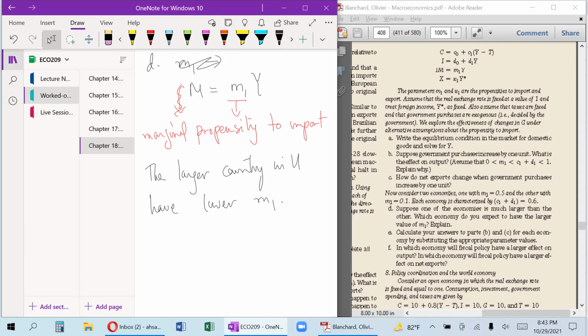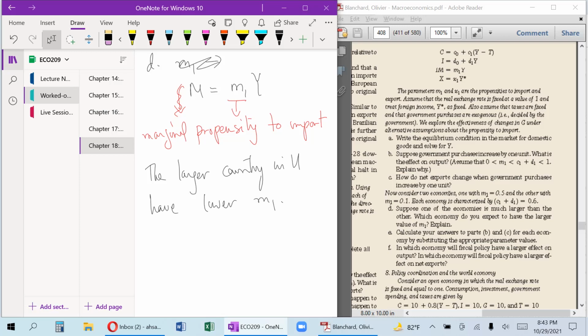By contrast, even if we look at Europe, for example, let's think of the Netherlands. The Netherlands is a highly developed country, but it's a relatively small country. As a result, the Netherlands' propensity to import will be much higher than that of, let's say, Germany, which is a much larger economy, and they produce a much wider variety of goods. And as a result, they will have a lower propensity to import.